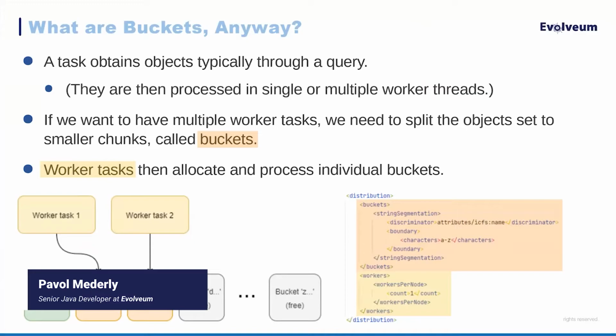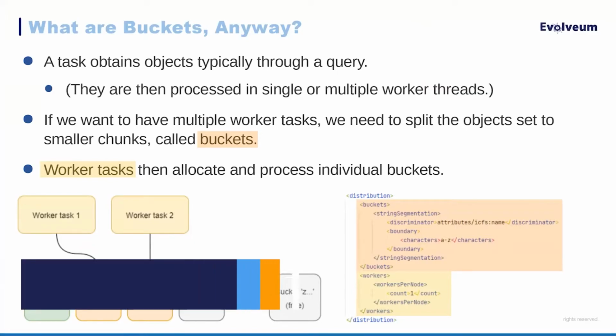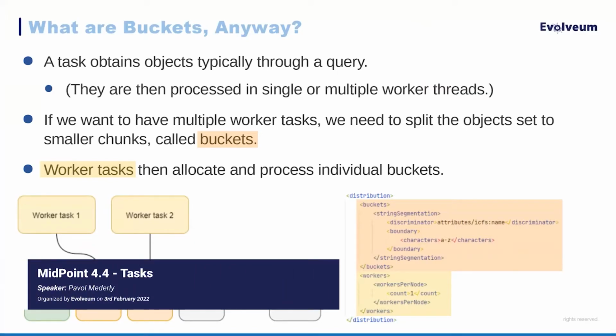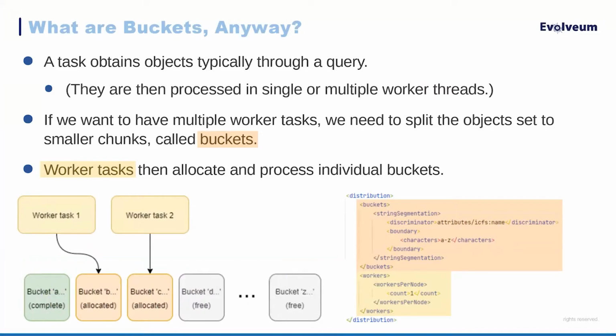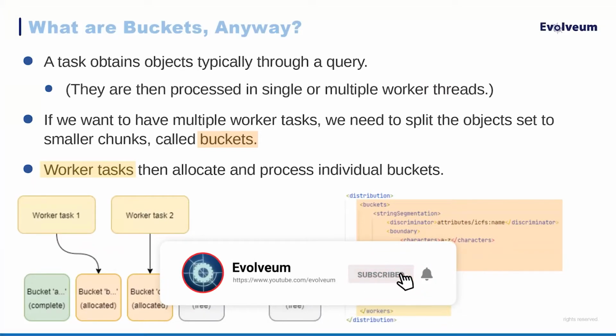I have mentioned buckets. What are buckets? Many of you are already familiar with this concept, but let me describe it very briefly for all of us. A task, any task, works like this. It obtains a defined set of objects, like all users in this case, by issuing a query against a repository or a resource.